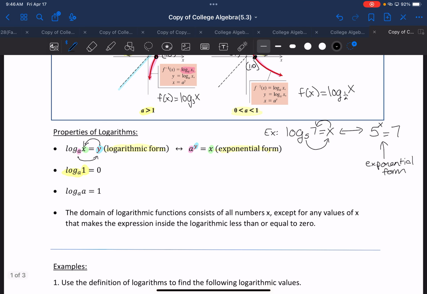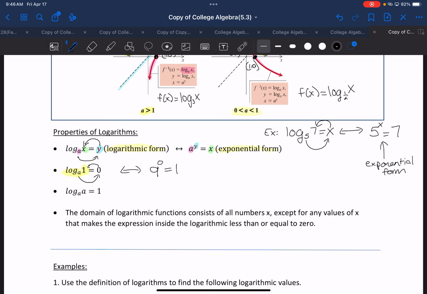If I transform this equation to its exponential form, I start with that base a, raised to the exponent of 0, and it's equal to 1. That's true because anything to the 0 power is 1.